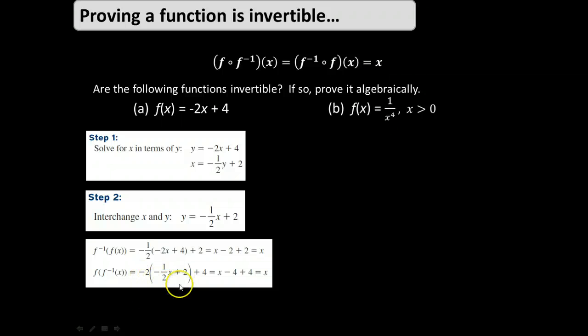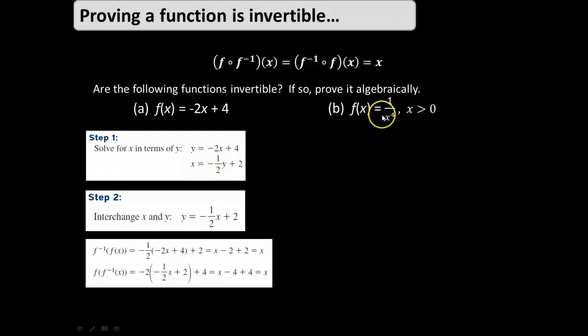If we distribute this negative 2 through these parentheses, we're going to get x minus 4, and then we have the plus 4 here, so x minus 4 plus 4 gives us a value of x as well. So f inverse composed with f and f composed with f inverse are equal to each other and both equal x. So yes, that function, negative 2x plus 4, is invertible, and the inverse of that function is negative 1/2 x plus 2.